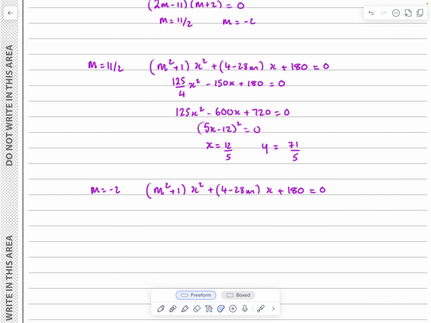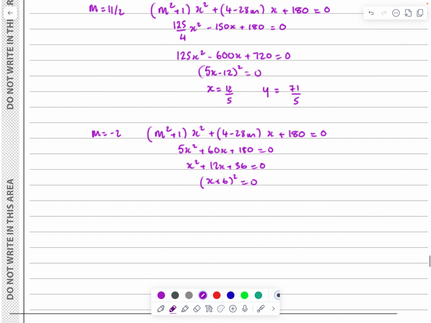This time the equation I get, and again you can see I'm rushing pretty much with this now, works out to be 5x squared plus 60x plus 180 equals 0, which, if we divide everything by 5, gives x squared plus 12x plus 36 equals 0. So that's x plus 6 all squared this time. Again, another perfect square it needs to be.